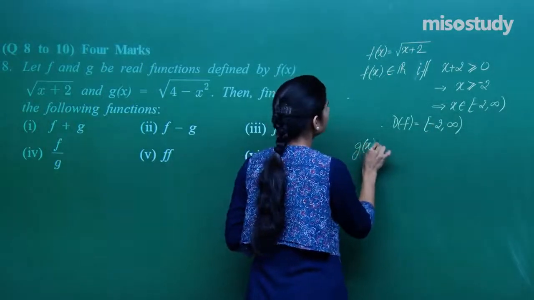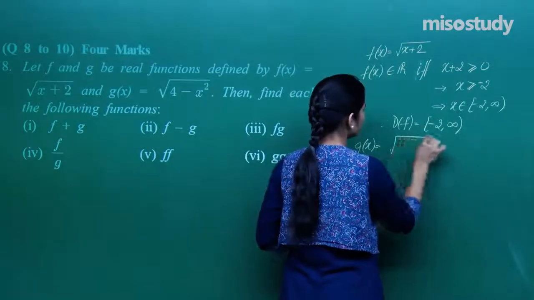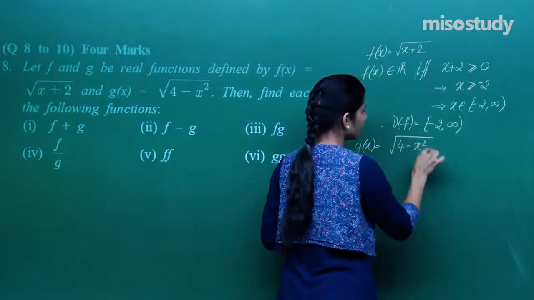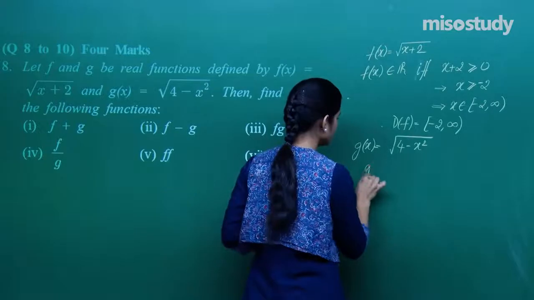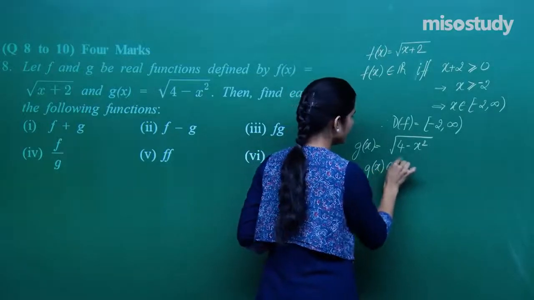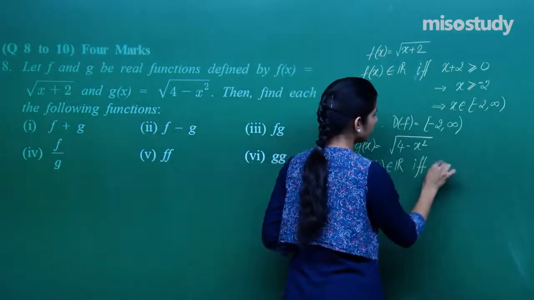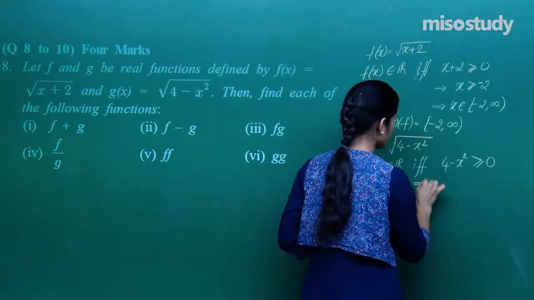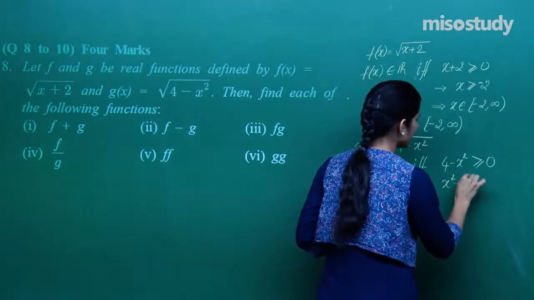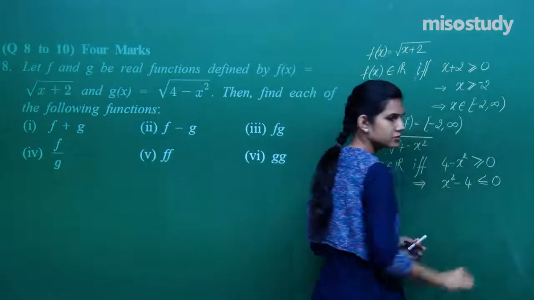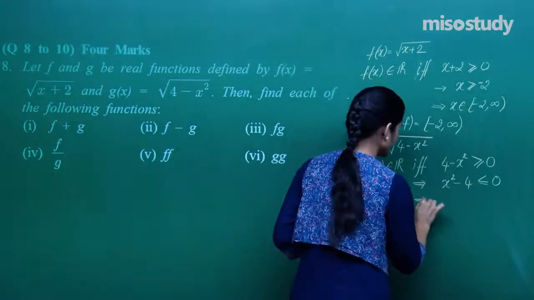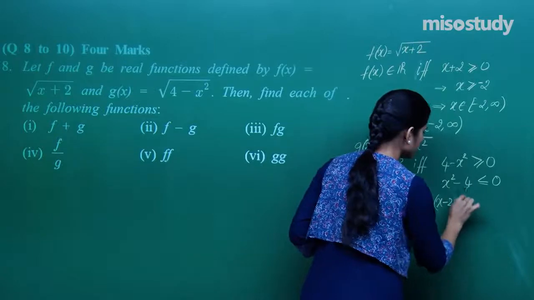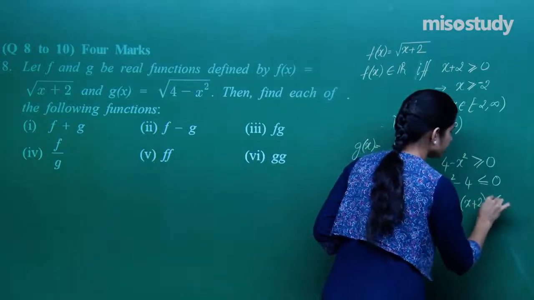g(x), if I talk about g(x), is root over 4 minus x square. Again, g(x) is real if and only if this 4 minus x square is non-negative, which implies x square minus 4 is negative, right? X square minus 4 is x minus 2 into x plus 2.